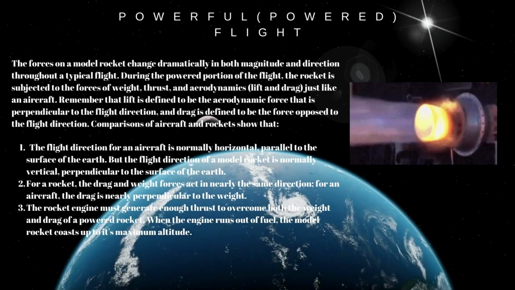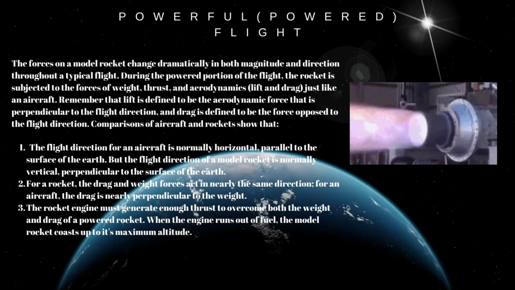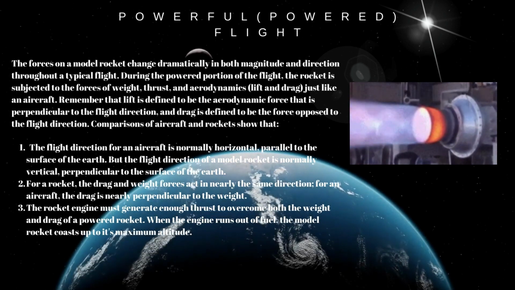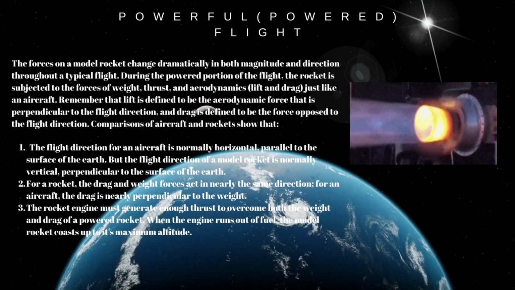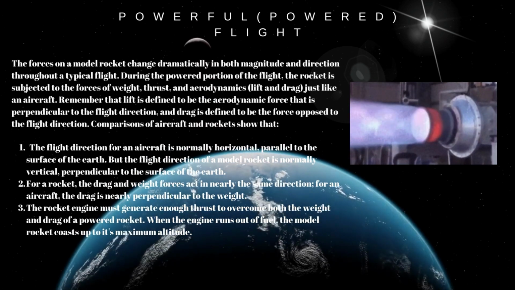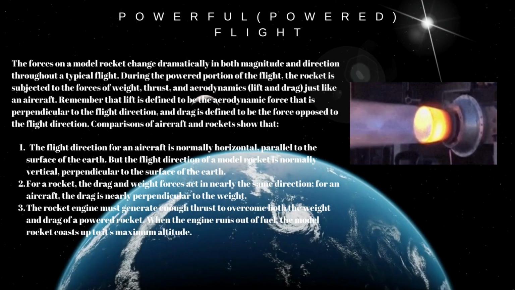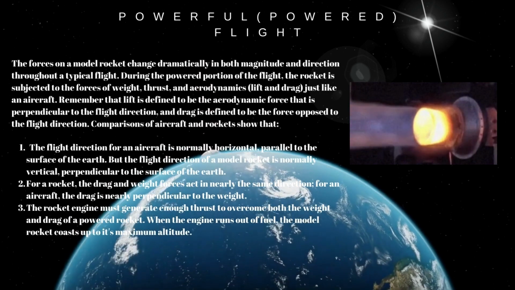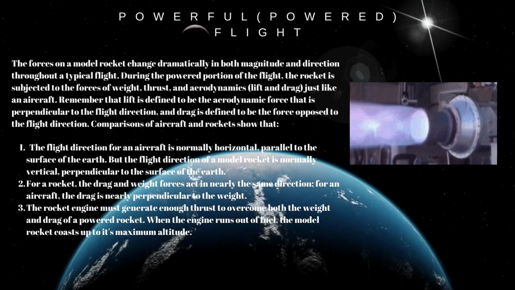just like an aircraft. Remember that lift is defined to be the aerodynamic force that is perpendicular to the flight direction, and drag is defined to be the force opposite to the flight direction.